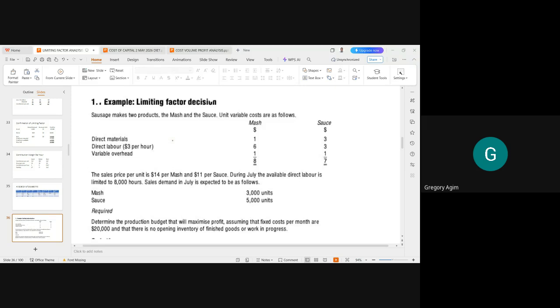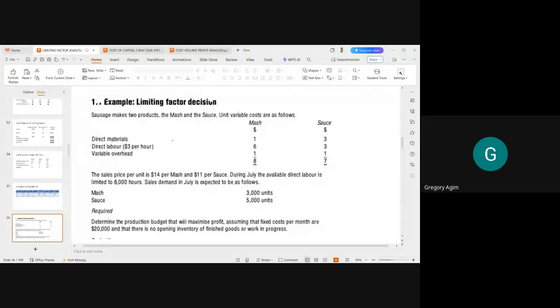Sausage makes two products, the mash and the sauce. Unit variable costs are as follows. For mash, direct material is 1; for sauce it is $2.